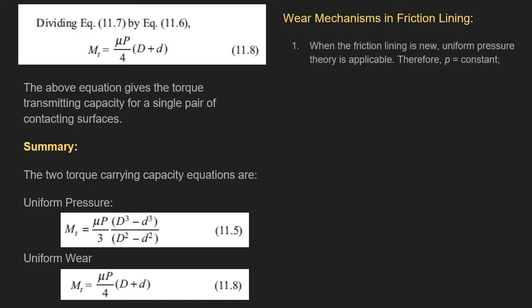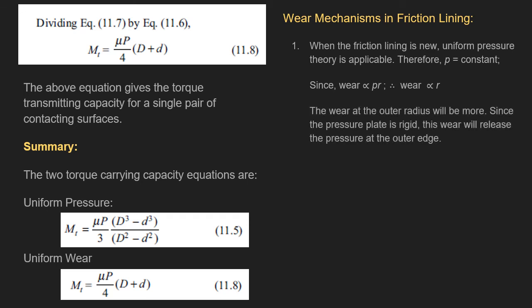Now it is important to note that the wear in a clutch plate happens in two stages. When the clutch plate is new, that is when the friction lining is new, the uniform pressure theory is applicable, because pressure will be uniform across the contact surface. And wear is proportional to P into R, and since P is constant now, wear is only proportional to radius.